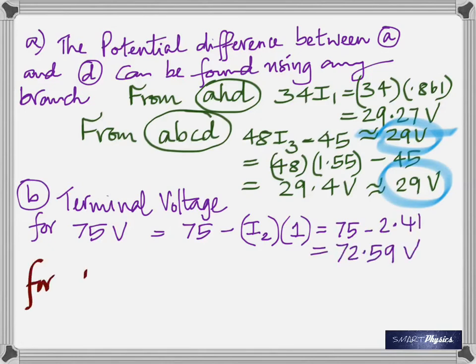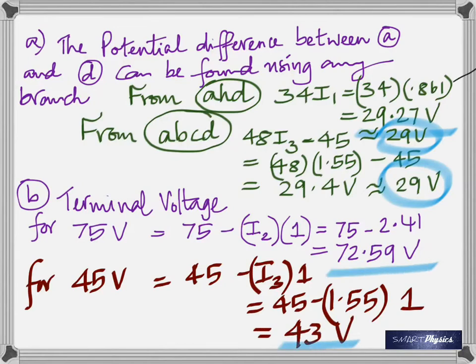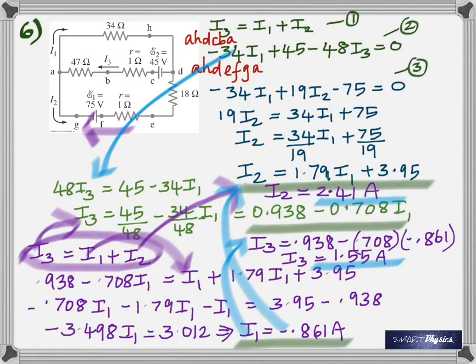You may want to go back and look at the circuit again. AHD and ABCD. Understand that AHD is this part and ABCD is this part.